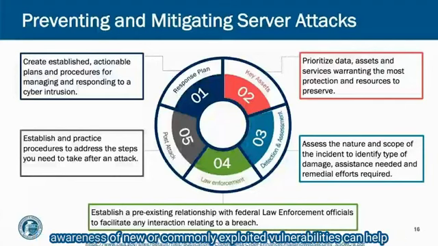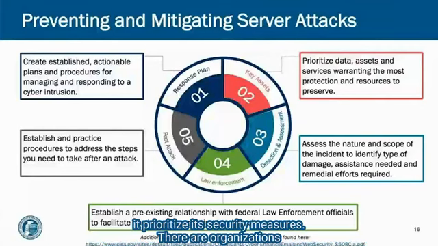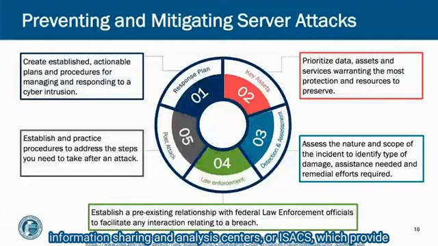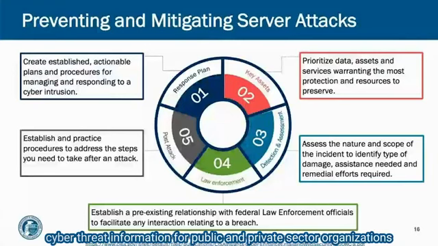An organization's awareness of new or commonly exploited vulnerabilities can help it prioritize its security measures. There are organizations that share real-time intelligence on cyber threats, such as Information Sharing and Analysis Centers, or ISACs, which provide cyber threat information for public and private sector organizations.